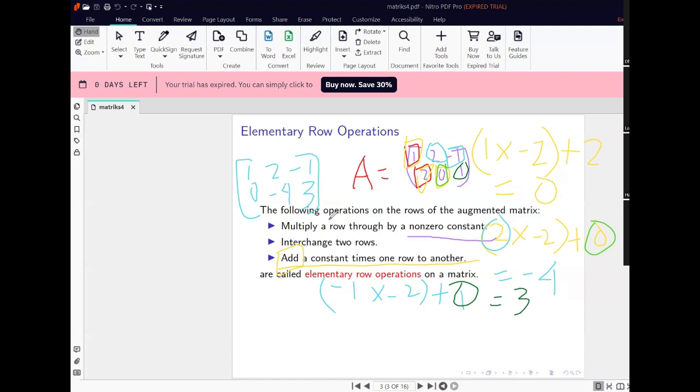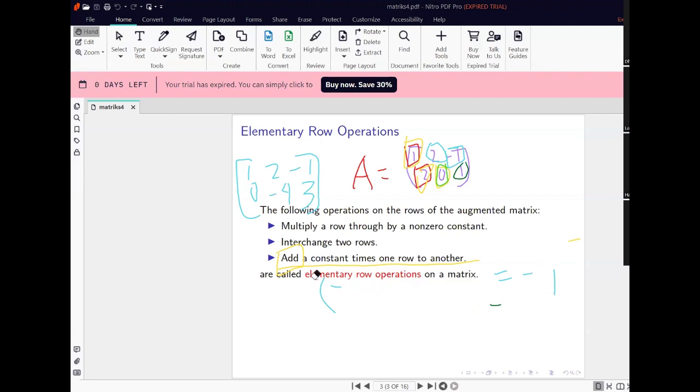Now what is the next step to change this augmented matrix into row reduced echelon form? The next step is you see the result first. This is the first result.